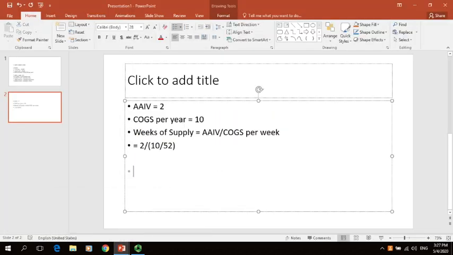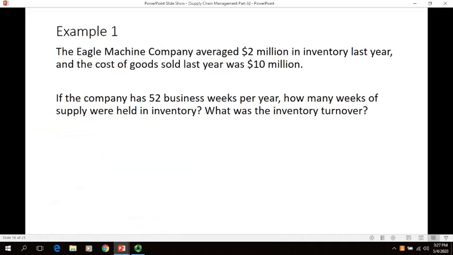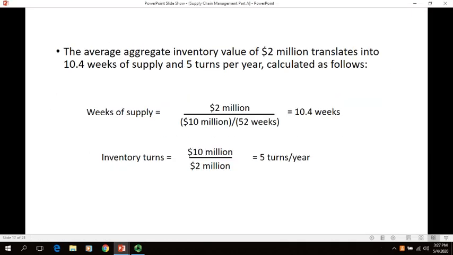So inventory turnover is cost of goods sold per year divided by AAIV. The cost of goods sold is 10, AAIV is 2, so that's equal to 5. Okay, let's check the answers.